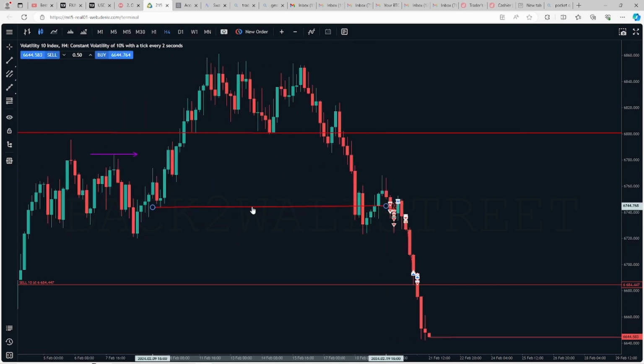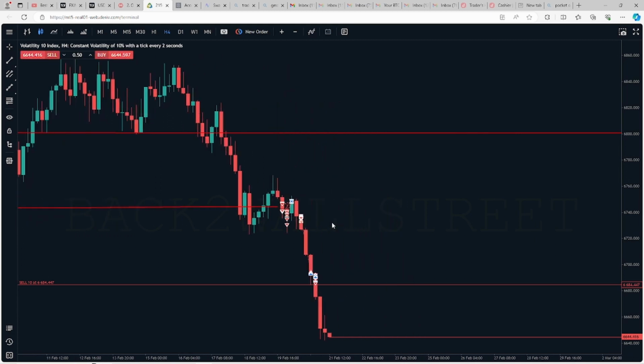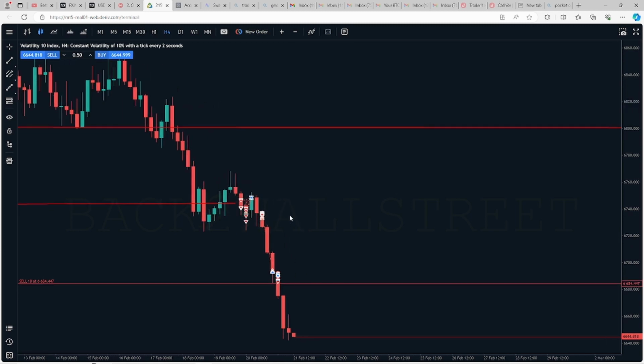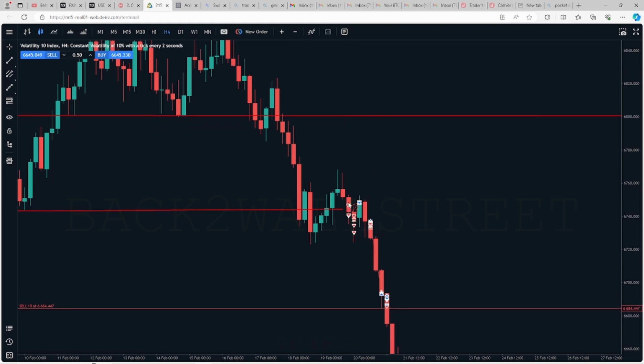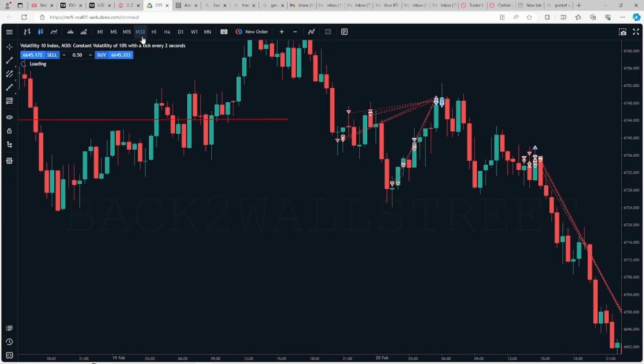I think I was looking at this swing low right here. Yeah, I think I was looking at that swing low because I sold. All I know is I wish that I would have waited for price to come into this gap right here. But I sold right here. That's what it was. 30 minutes.